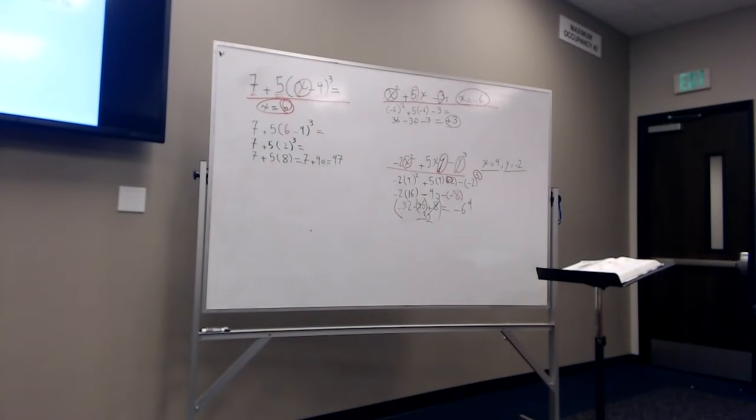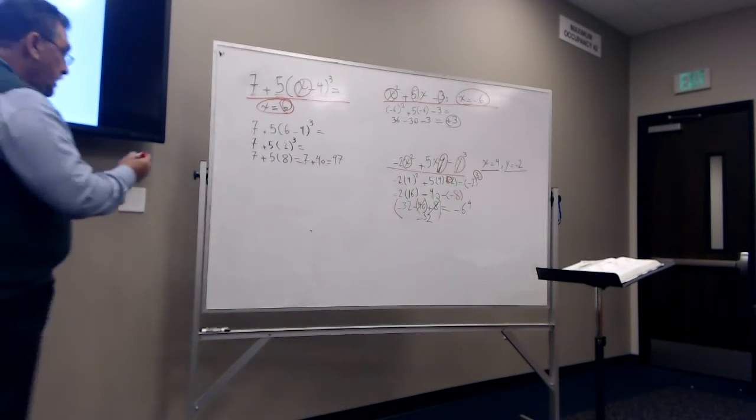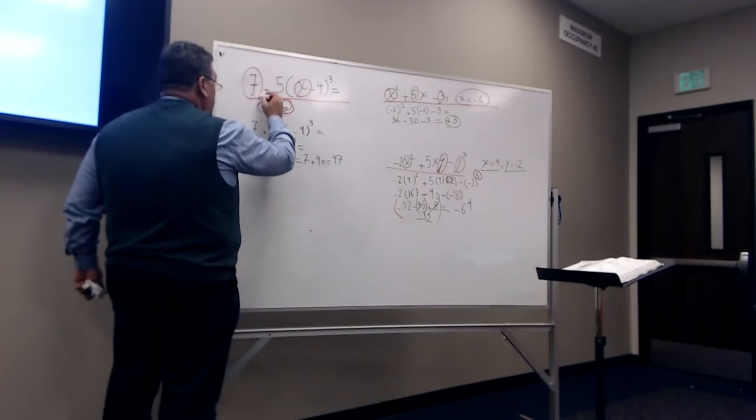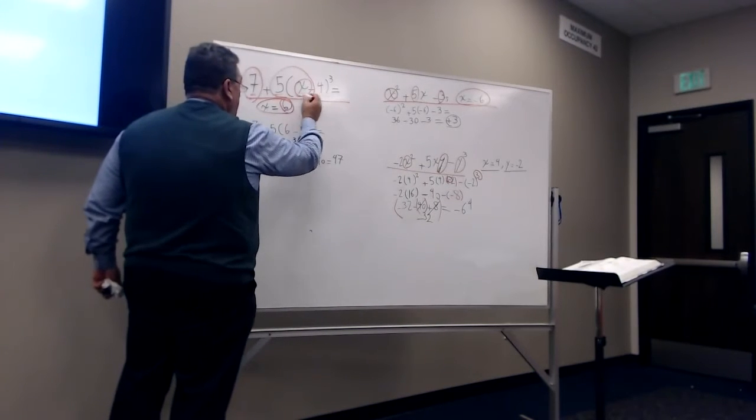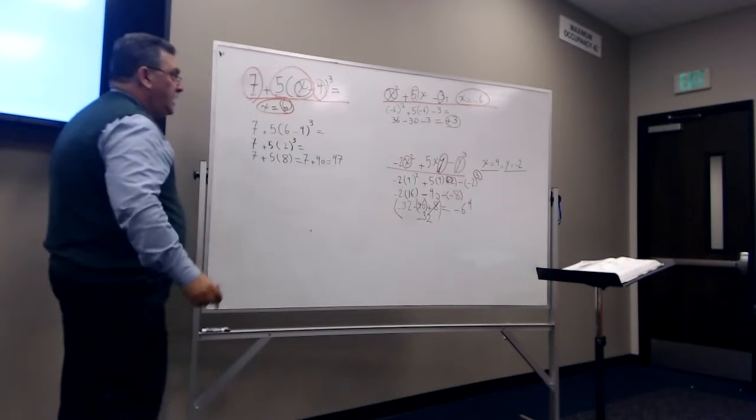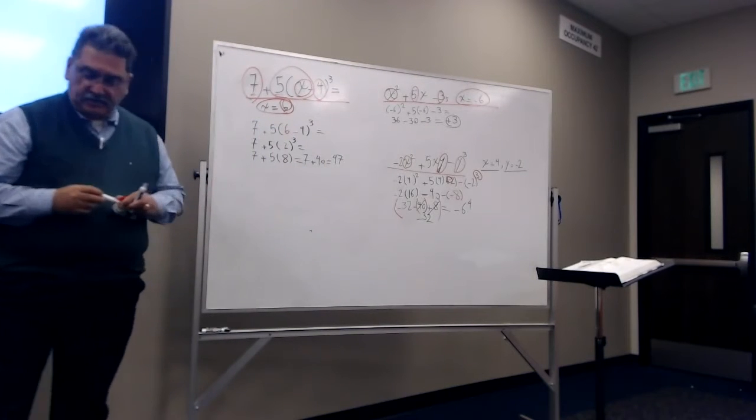Now, some of the vocabulary. The terms of an algebraic expression are those parts that are separated by addition. For example, even here, this is one term, another term, another addition or subtraction.